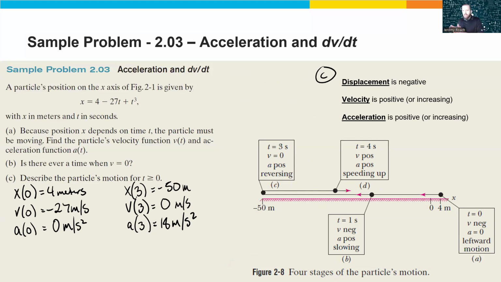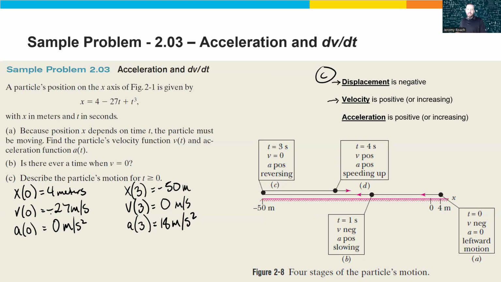All right, so now we have to describe in words what's happening with the particle's motion. From 0 to 3 seconds, displacement is getting more negative. From 0 to 3 seconds, velocity is increasing.